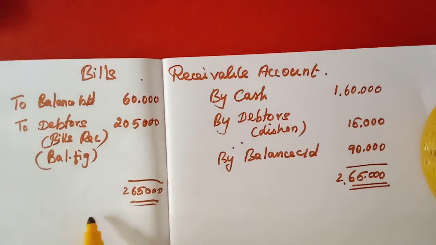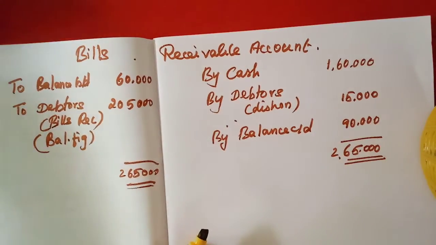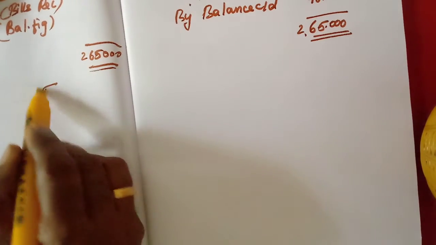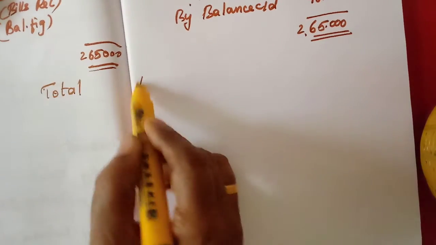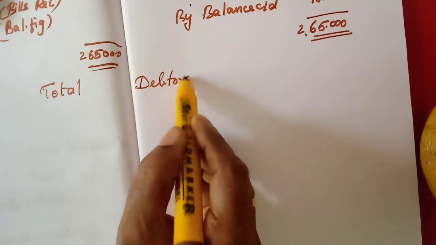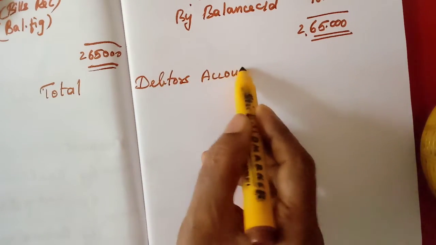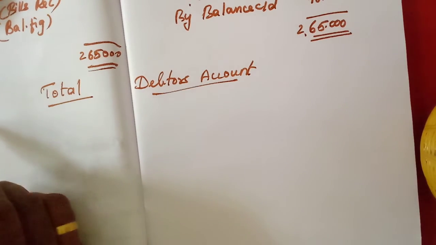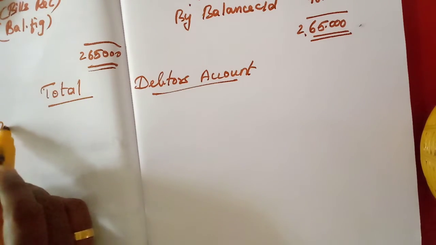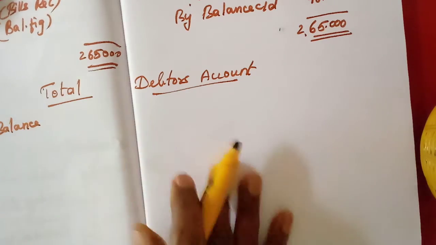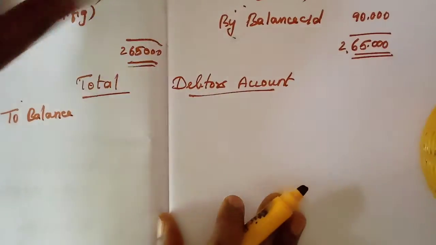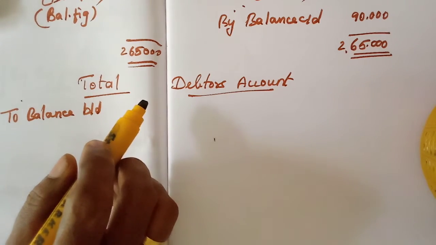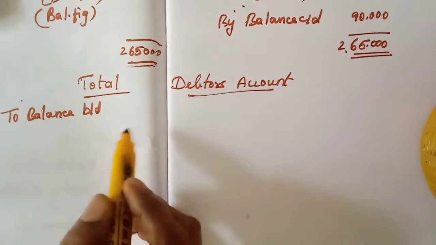Now we will prepare the sundry debtors, total debtors account. Okay, debtors account again, to balance brought down. That is the first item. Balance brought down, debtors opening 2,50,000.